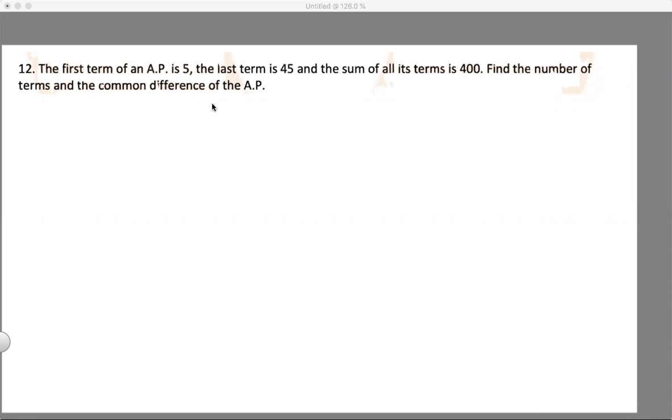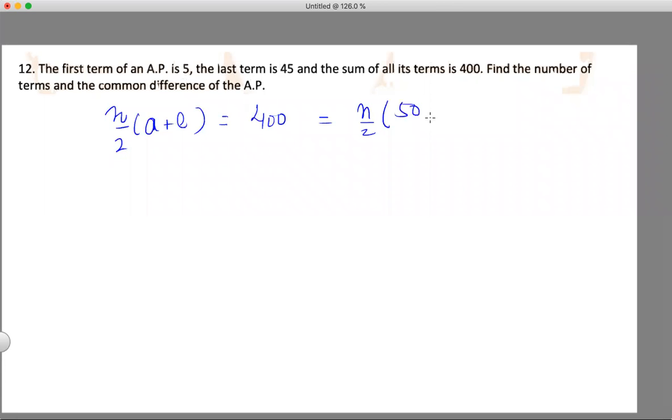Sn is equal to n/2 into first term plus last term, a plus l, right? Is equal to the sum, and the sum is 400. So n/2, a plus l is 50, right? So n is equal to 400 by 25, which is 16.